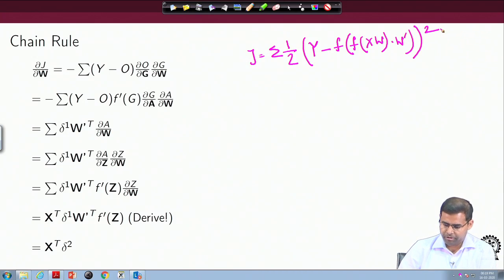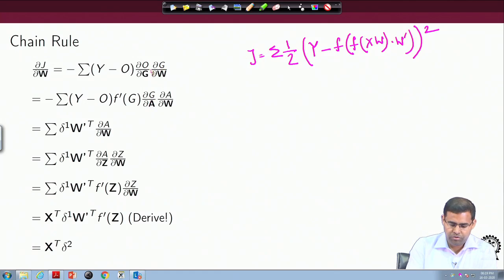So, that is what we have here, right. And then when I take the derivative with respect to g, so what do we get? Del O del G, because I am taking the derivative of del O del W, right. So, I will make it del O del G del W.